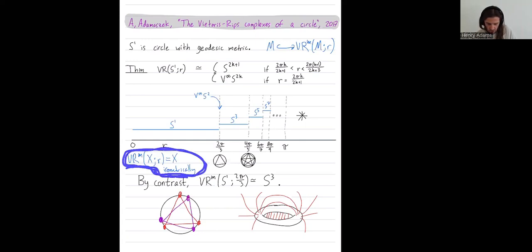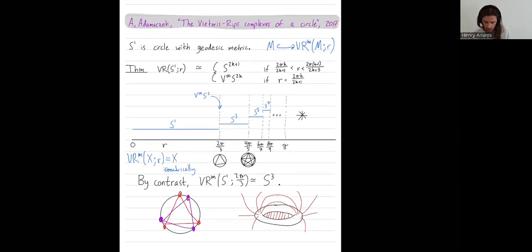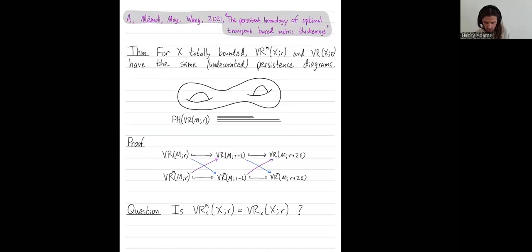Both perspectives are useful, the simplicial complex perspective and this new metric. For years, we didn't really understand the relationship between them so well. Recently, however, we've proven that they always give the same persistence diagrams, so long as you ignore whether an endpoint is open or closed. So with the Vietoris-Rips simplicial complex, maybe some endpoint is open.